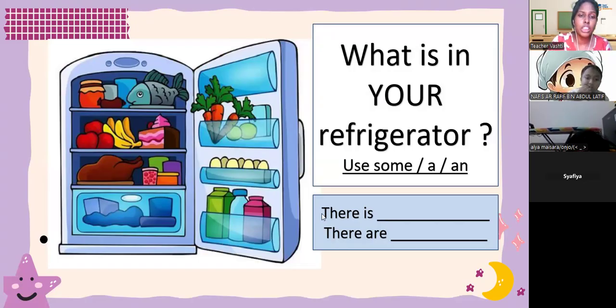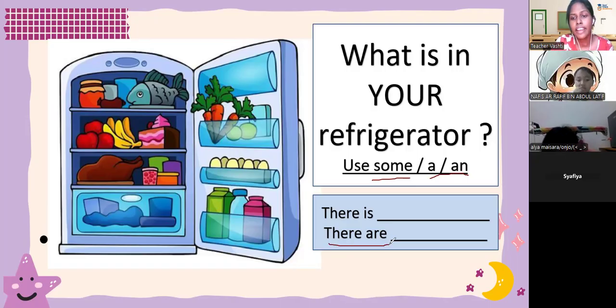Okay, now I want you to go and look inside your refrigerator. Tell teacher what is there. You must use some, a or an. Go and find. If there are many, use there are. If there is only one, use there is. Go and come and show me.